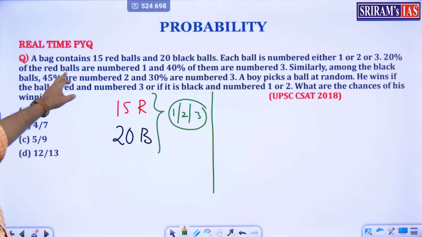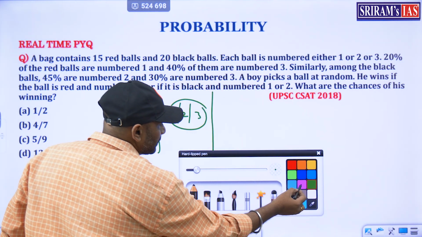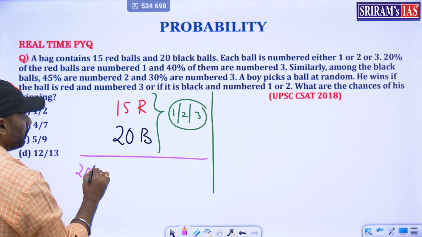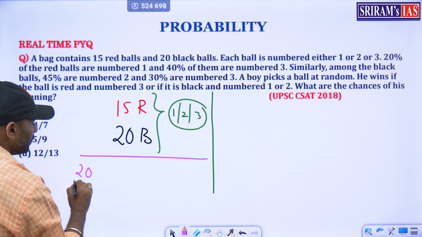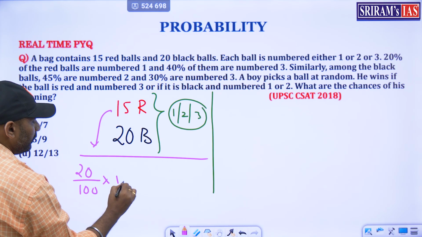Next, 20% of the red balls are numbered 1, he has given. These are the facts. From the facts, 20% of red balls, 20% is 20/100, and total red balls are 15.